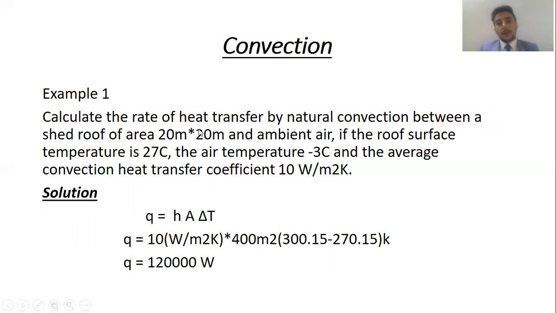So we have a simple example about convection. Calculate the rate of heat transfer by natural convection. As you know, we have two types of convection, natural convection and forced convection. So here we have natural convection. The question is to determine the heat transfer rate by natural convection between a sheet roof of area 20 meter multiplied by 20 meters.